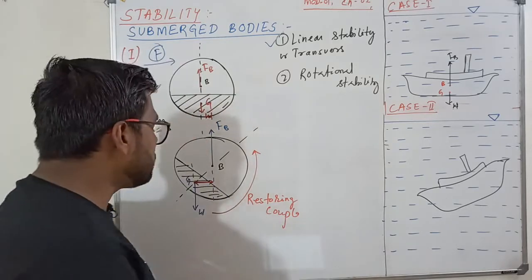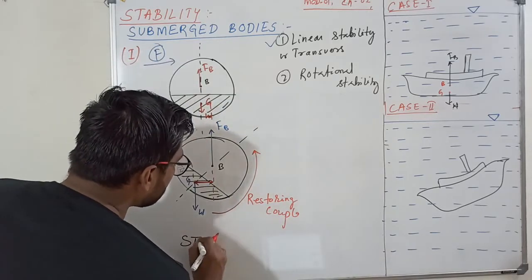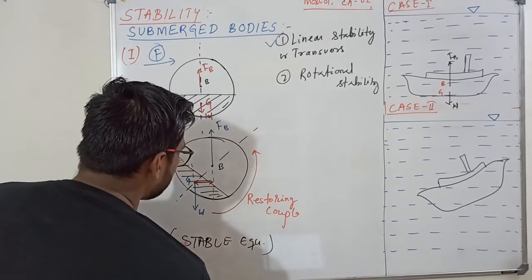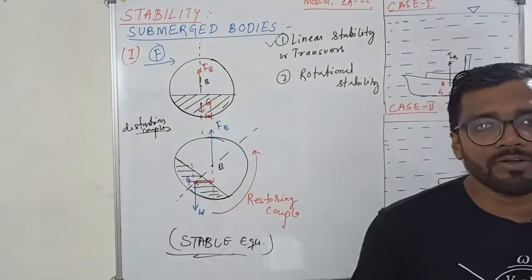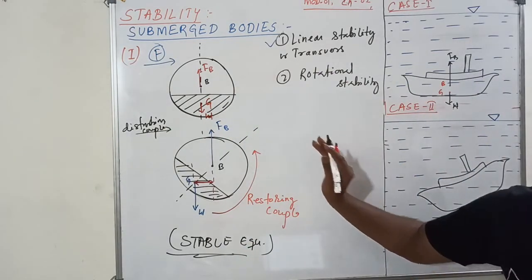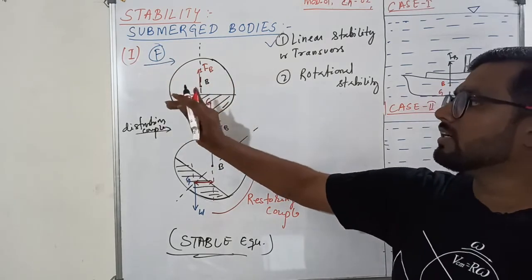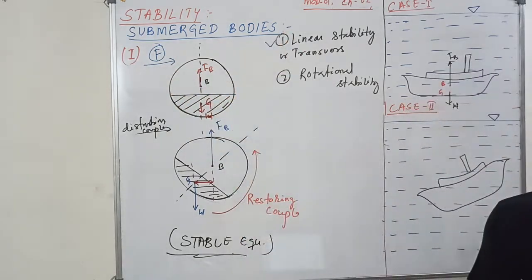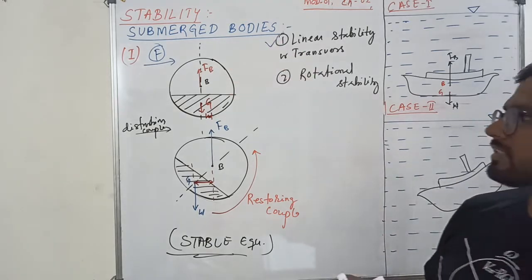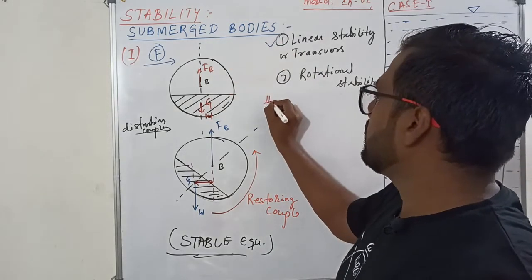That means it is in which equilibrium? Stable equilibrium. Already you have discussed this concept, the ball rolling in the bowl. So this is your case 1 where your center of buoyancy is above the center of gravity, which has generated a restoring couple.